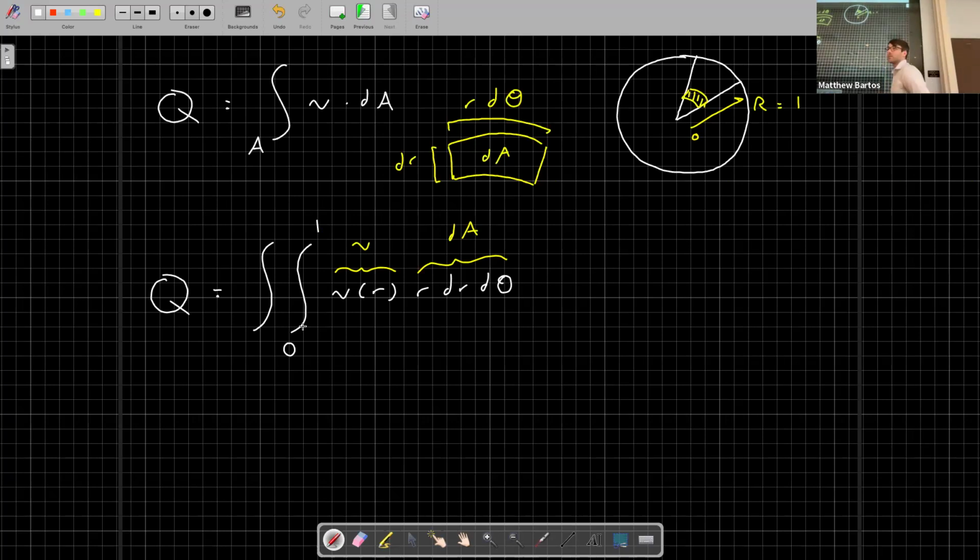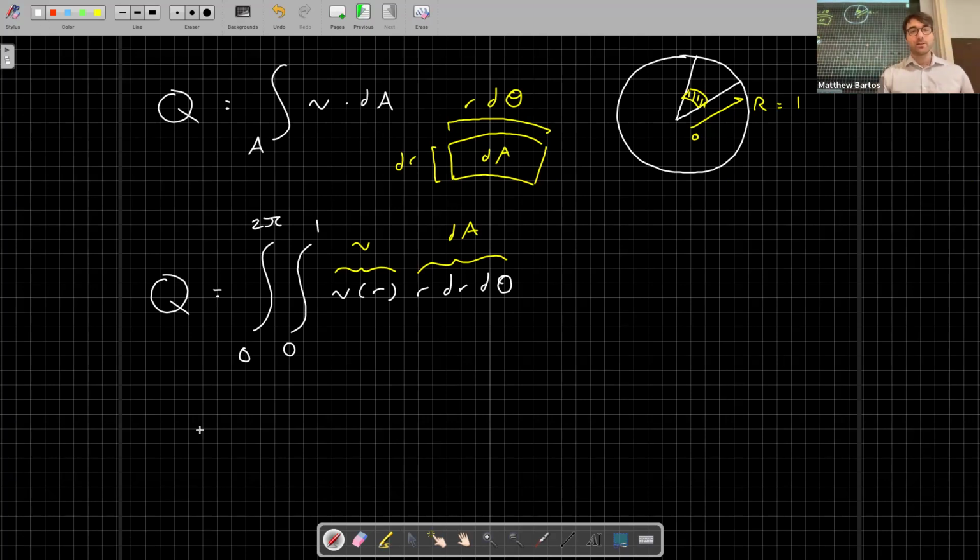And what about our limits of integration for d theta? 0 to 2 pi, very good. So we are integrating around the entire circle. So we'll get an integral from 0 to 1 in terms of dr, and then 0 to 2 pi in terms of our voyage around the circumference of the circle.